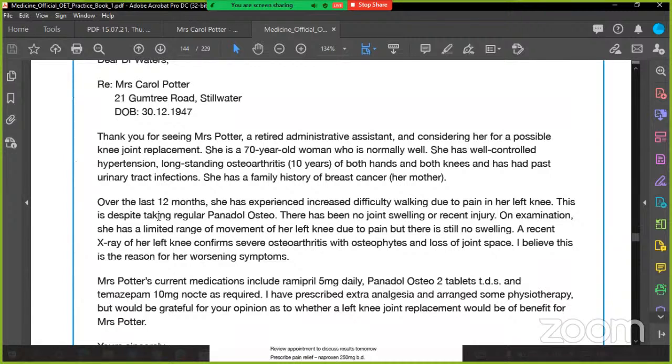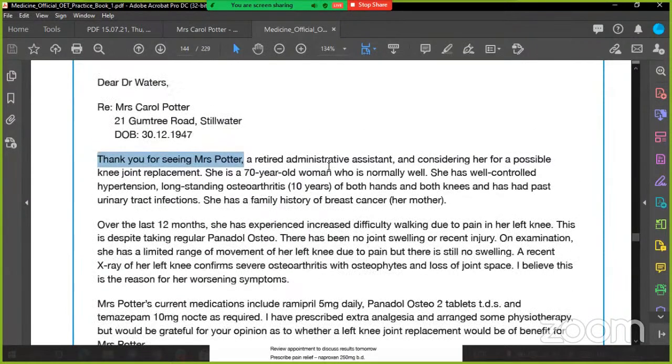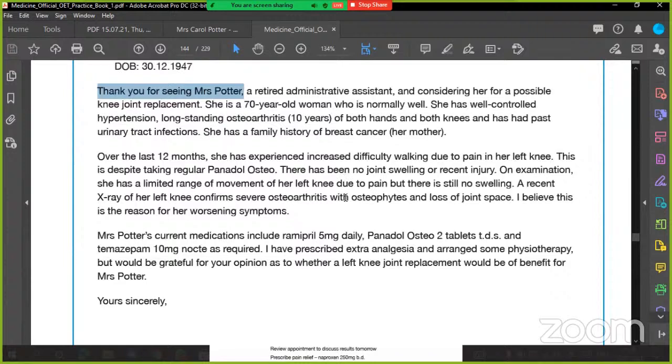Write one sentence or two sentences. So here, thank you for seeing Mrs. Potter is one. I am referring for so and so, like that, second sentence. This is only 3 paragraphs, but actually you have to write 5 paragraphs. That is the problem with this particular letter. So always write one sentence or two sentences maximum. You can separate it into 2 parts.